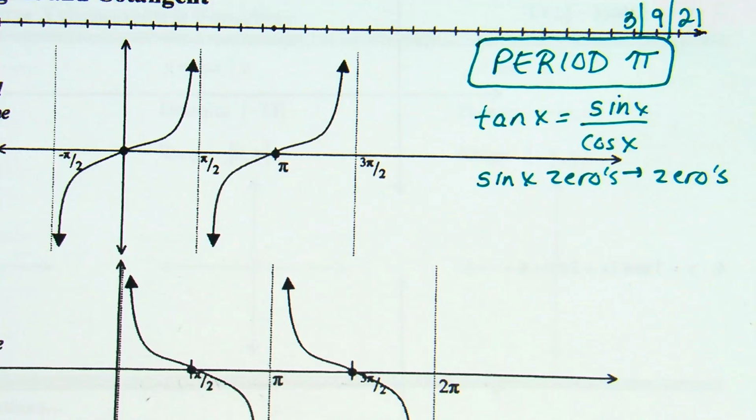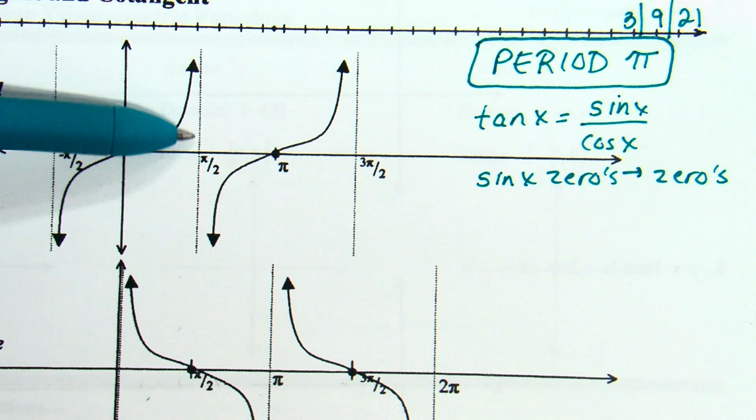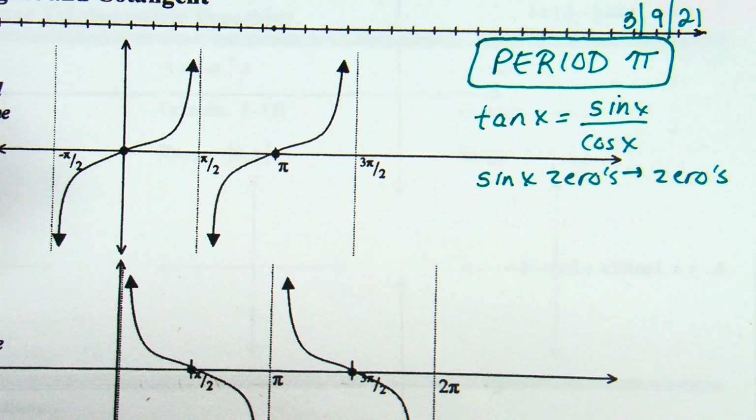What does cosine in the denominator do? What happens when you have 0 in a denominator? It's undefined. So anytime cosine equals 0, because cosine's in the denominator, there's an asymptote. Cosine starts up high, goes down and crosses through pi over 2, has a minimum at pi, and crosses through 3 pi over 2.